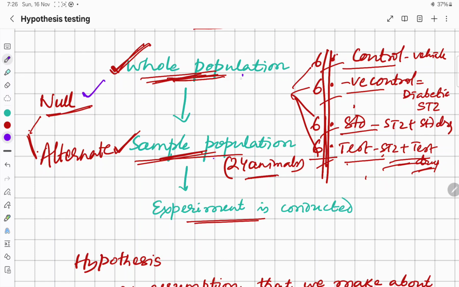We can assume the mean of the population is different from the sample, that is the alternate hypothesis. Suppose we have divided the sample population into different groups. If we assume that the mean of the different groups is the same, there is no difference, that is the null hypothesis. If we assume that there is a difference between them, that is called the alternate hypothesis.